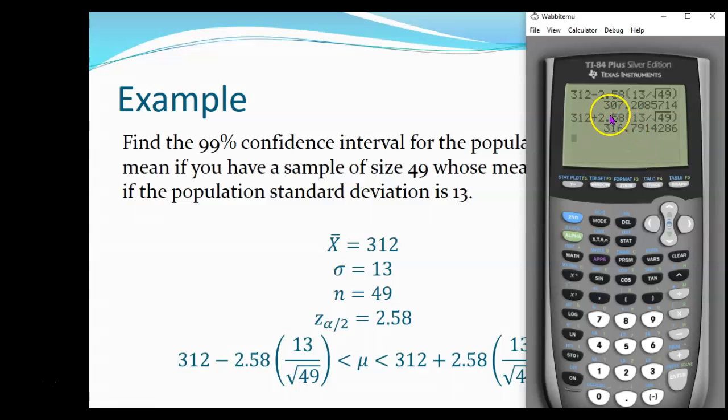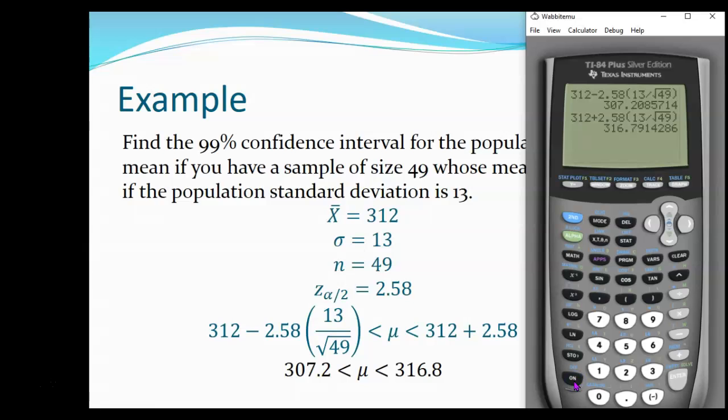So depending on how many decimal places you want to give in your answer, rounded to the nearest whole number, you would say it's 307 to 317. Or rounded to one place after the decimal point, to the nearest tenth, you could say it's 307.2 to 316.8. So basically, this is saying that under the circumstances, we can be 99% confident that the true population mean is somewhere between 307.2 and 316.8.